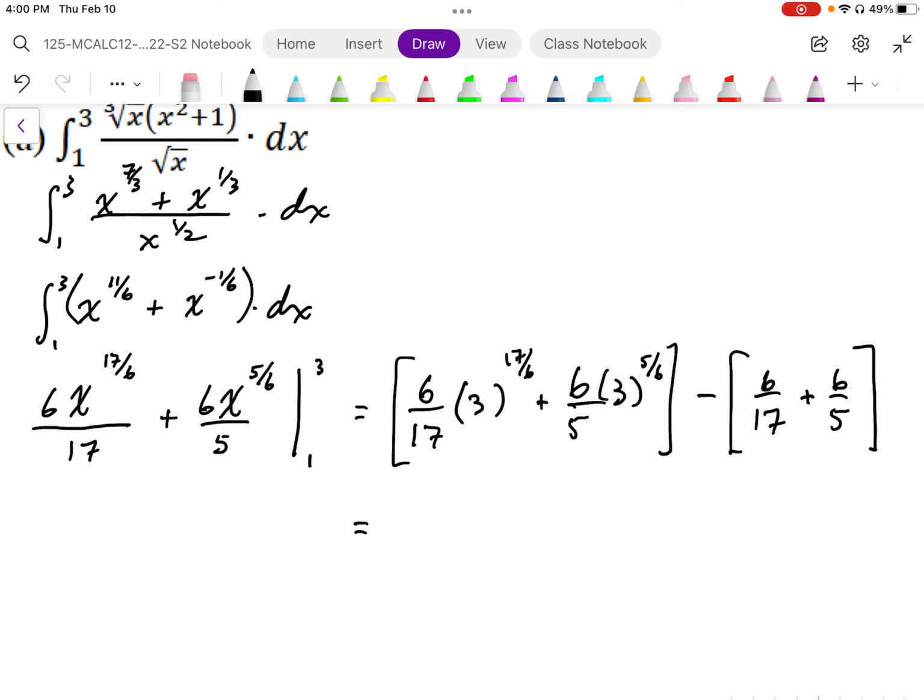Okay, so really we should do this with the calculator. 6 divided by 17 times 3 to the power 17/6, plus 6 divided by 5 times 3 to the power 5 divided by 6.